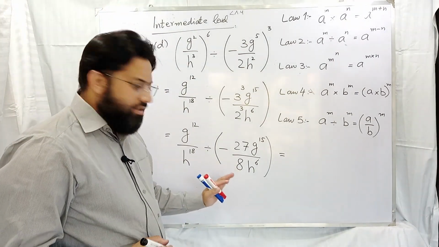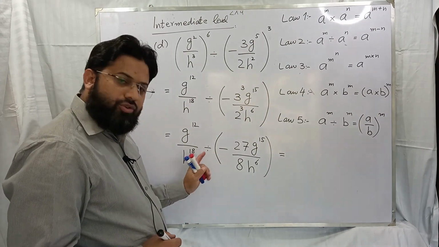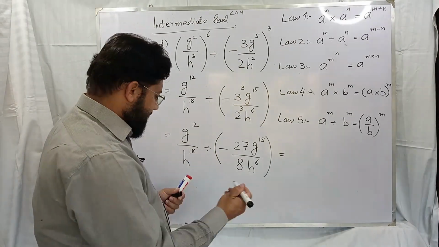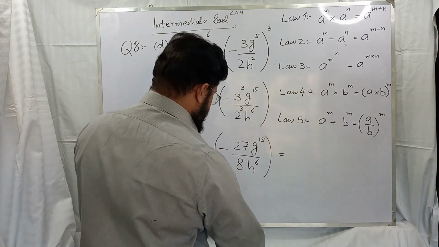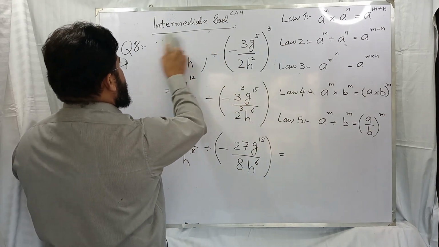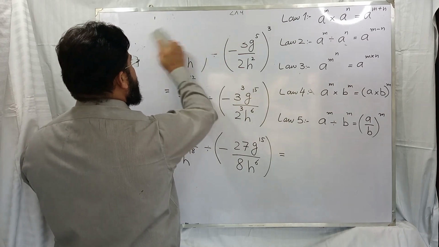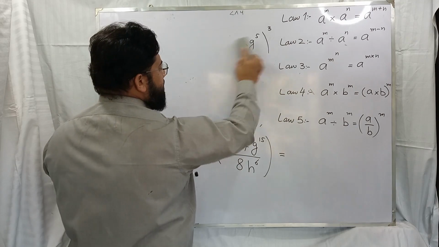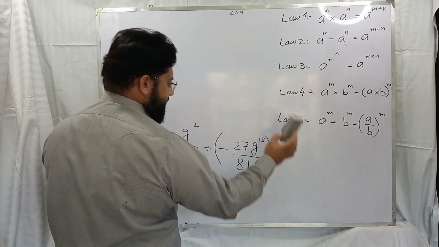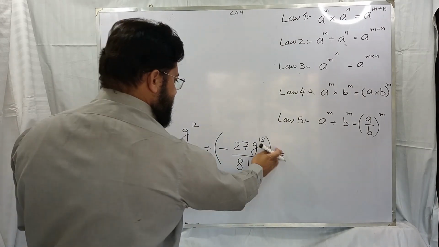At this stage, if I change this division sign to multiplication sign, see what happens. Let me remove this so that I get a space to solve different steps.